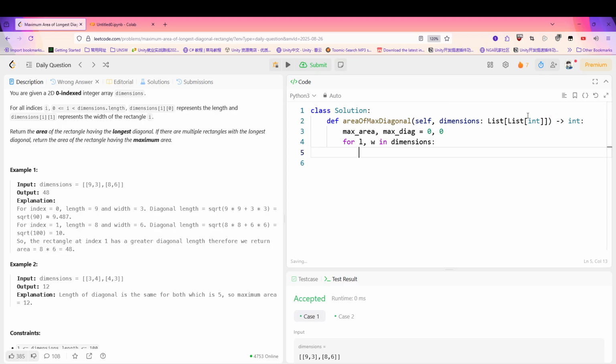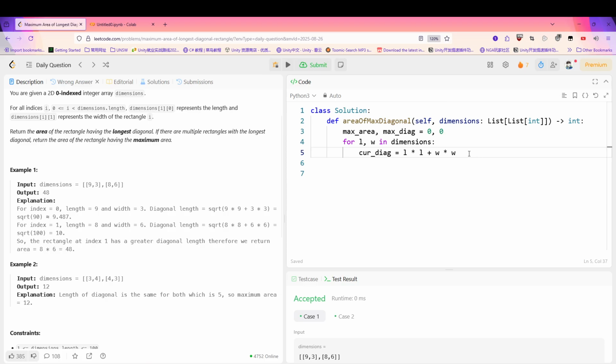This will help us automatically unpack each rectangle into its length L and width W, because Python has this feature. And our current diagonal is L times L plus W times W. You may ask, hey Eric, this is the diagonal length, you need to take the square root of this.